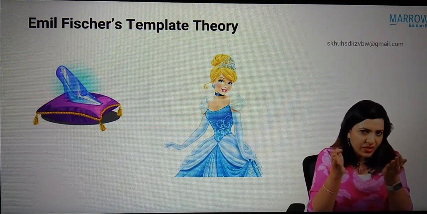Now, in the Cinderella story, Cinderella was wearing a glass slipper when she danced with the prince at the party. When the clock struck 12, she knew that she had to get into the pumpkin carriage. So she ran and she lost her glass slipper.